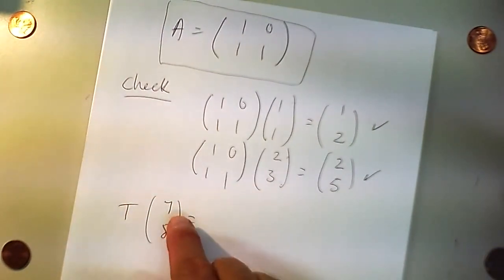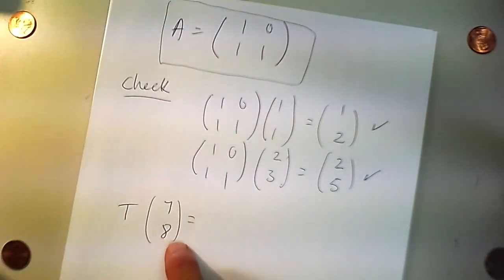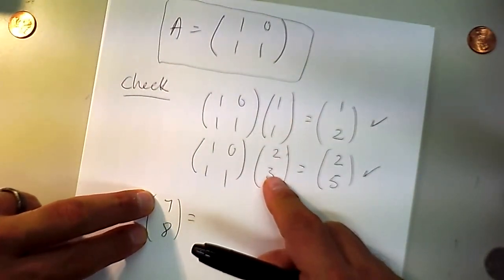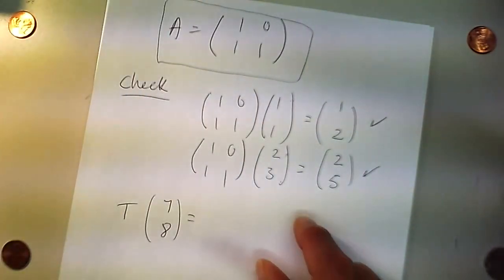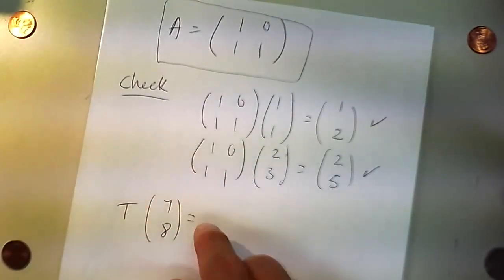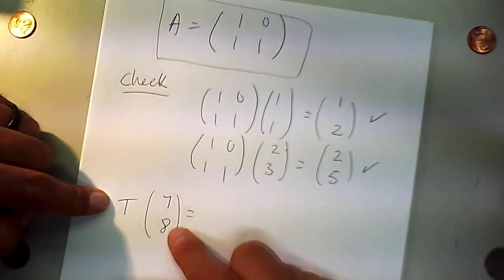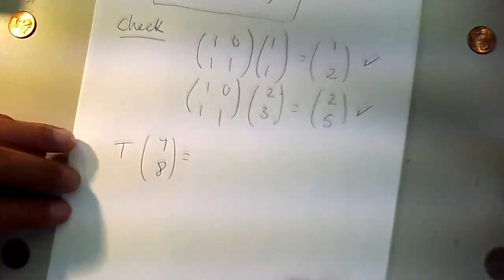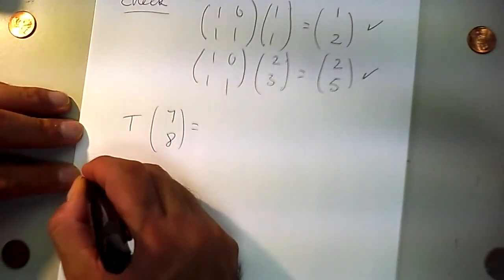The long way of doing T of (7, 8) is to figure out how to break up (7, 8) into those two, and then, as we did earlier, find the columns. So there's the long way and then there's the short way. But once we have the matrix, there's the short way. So first, the long way.